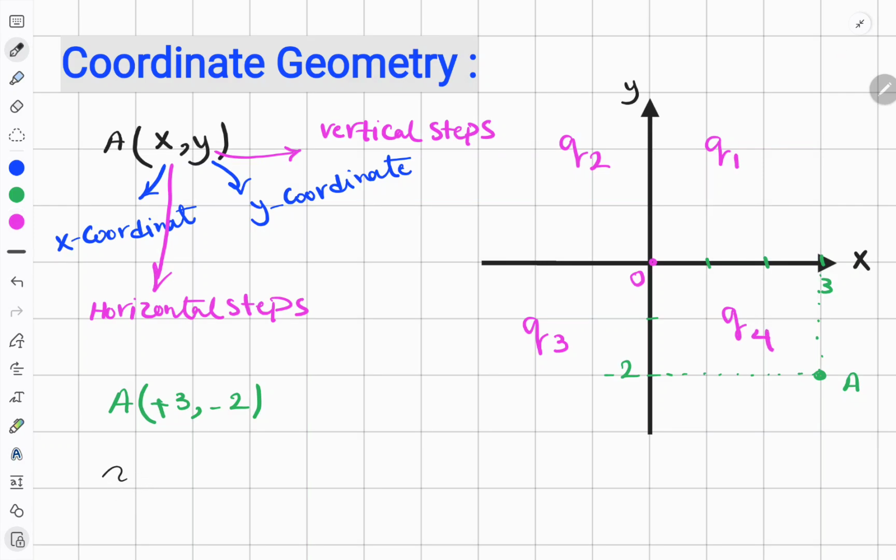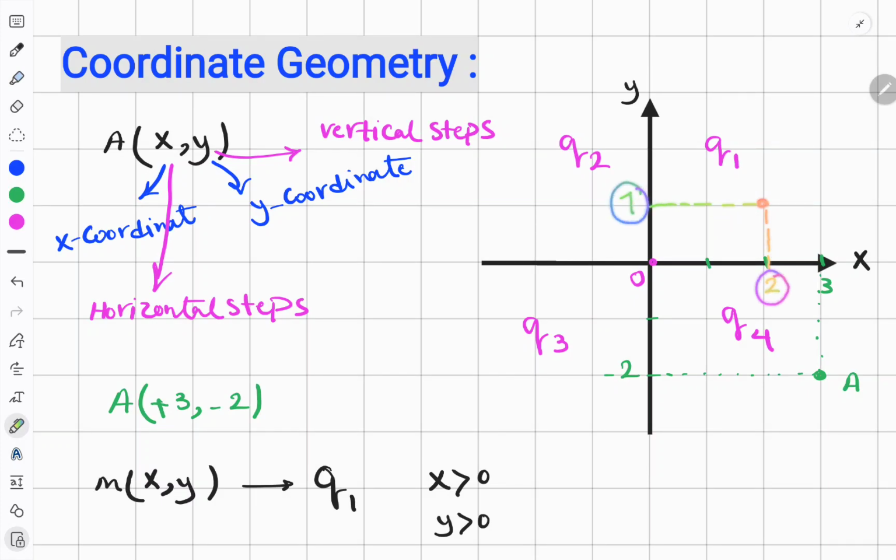If a point like M with coordinates (x, y) is located in Q1, so x is a positive value and y is positive as well. For example, we have a point here. The x coordinate is positive 2 and the y coordinate is positive 1. So both x and y accept positive values.